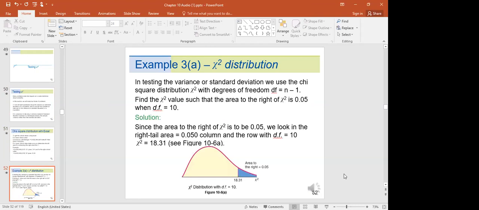Find the chi-square value such that the area to the right of chi-square is 0.05. Use degree of freedom 10. So you go to second function, distribution, and number 8 is chi-square CDF.